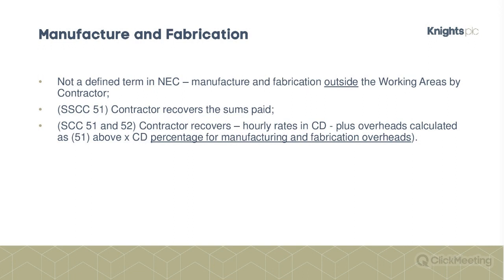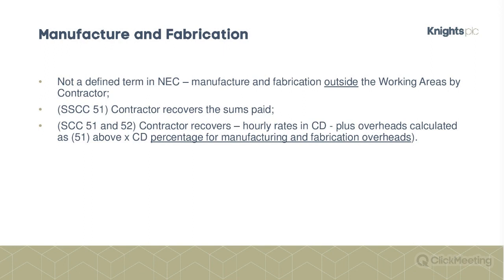Manufacturing and fabrication: not going to go into masses of detail because I don't think this is going to be particularly common for you. It's for the manufacture and fabrication outside of the working areas, whereas the four items we've seen so far have all been for items inside the working area.